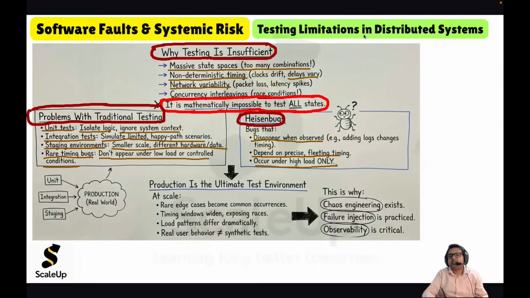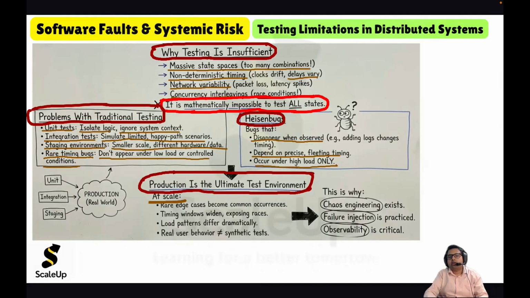So what key lessons we can take away is that while you are designing data intensive applications, don't rely on testing done in the development environment. Production is the ultimate test environment. This is a very important learning. Production is the ultimate test environment. So at scale, how the system behaves, that is the real test.